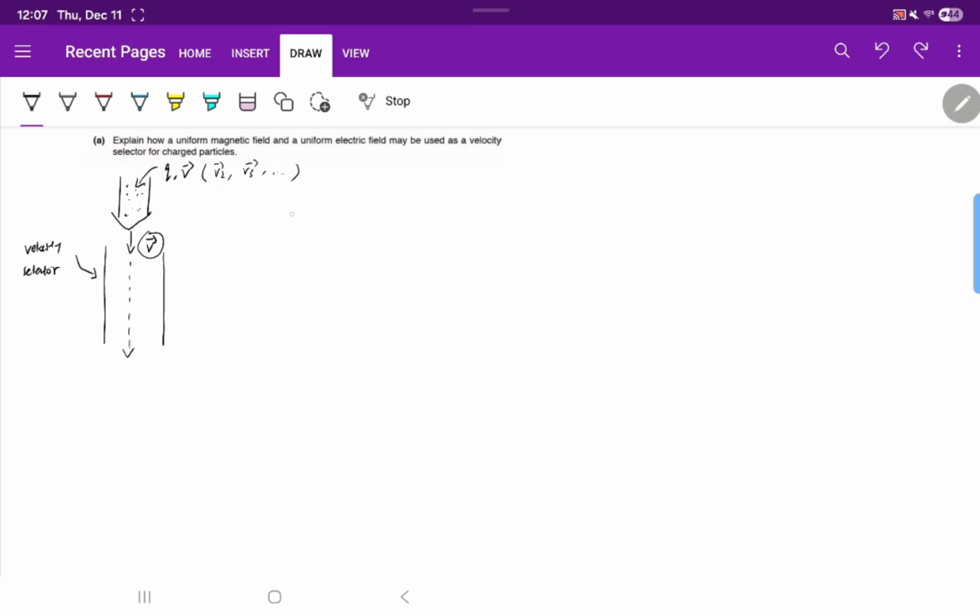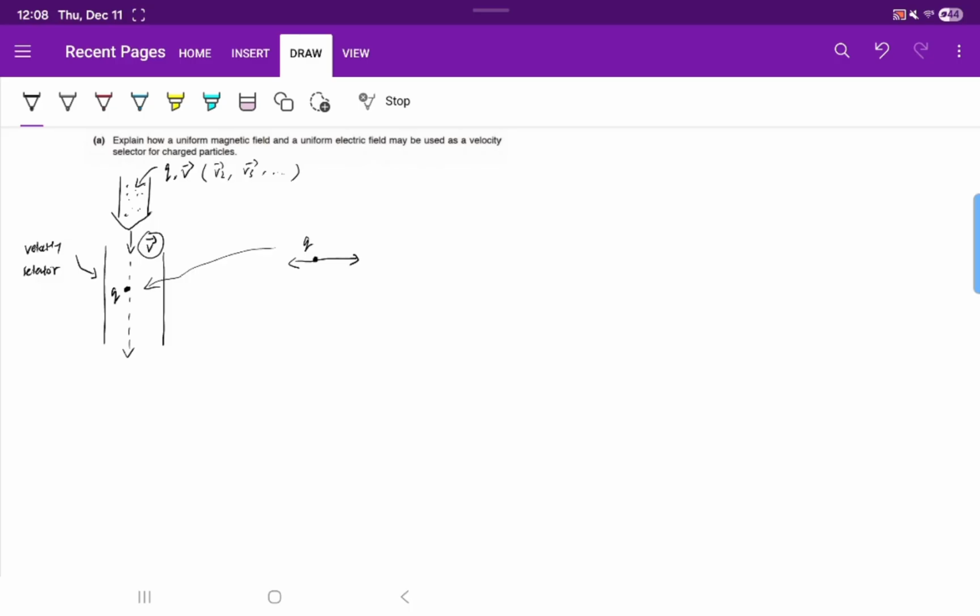Let's focus on what happens in this selector. Let's say you have a particle in this position. The reason the particle will be deflected to the right is that there must be some force pulling the particle to the right, and that force is larger than the force on the left side.